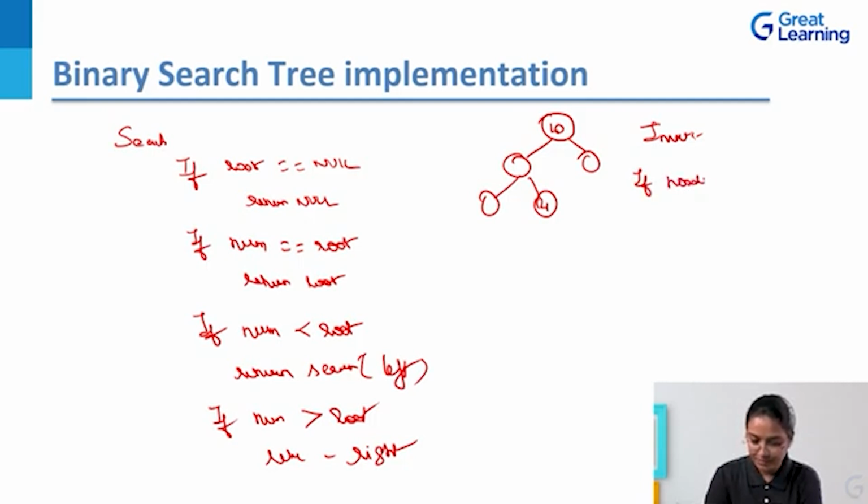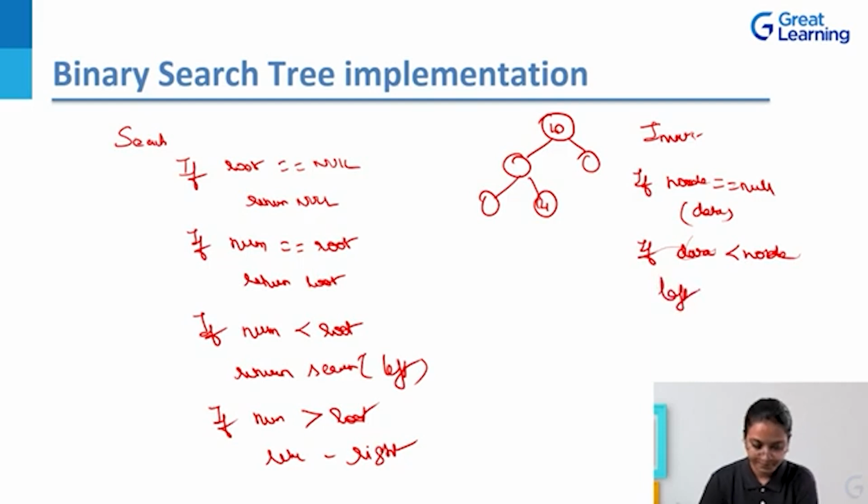If node is equal to null, then it will return whatever the data is as it is. Again, if whatever data is given by the user is lesser than the node, then it will go towards the left side of it.